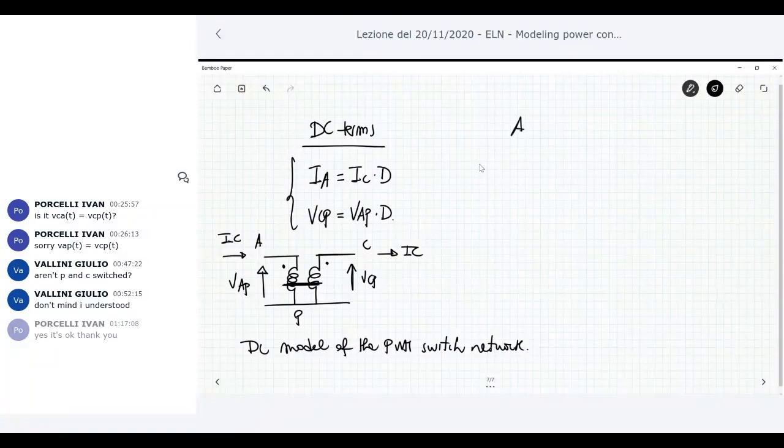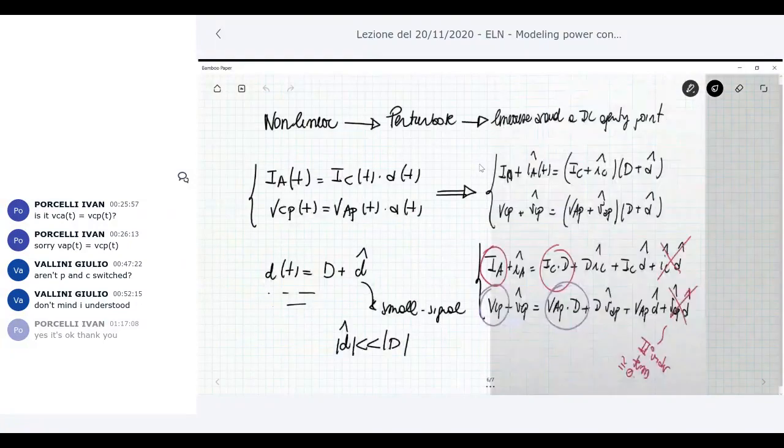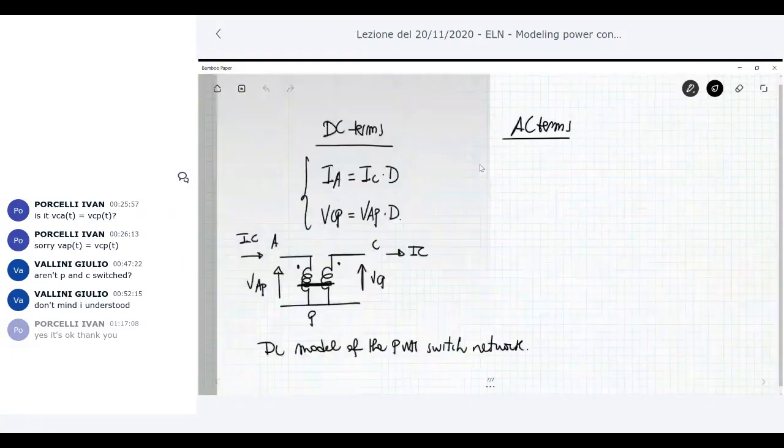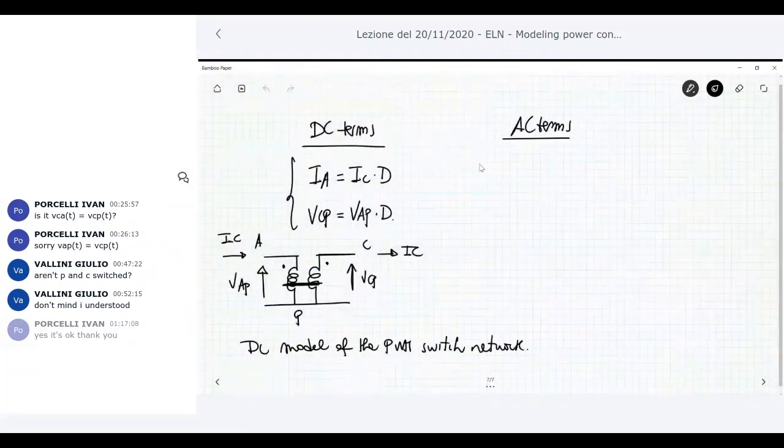Okay, so the AC terms, just considering what is not DC, the terms that have a hat on top. IA hat is equal to IC hat multiplied by D plus d hat IC.